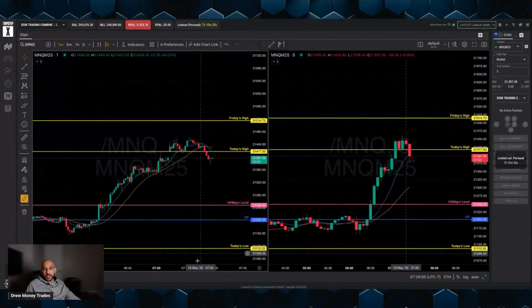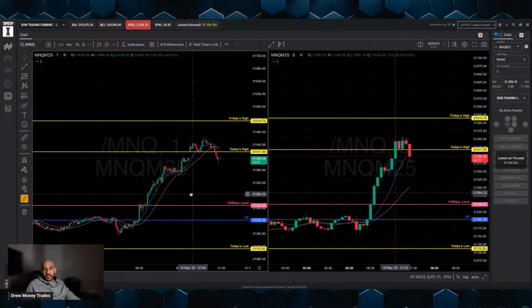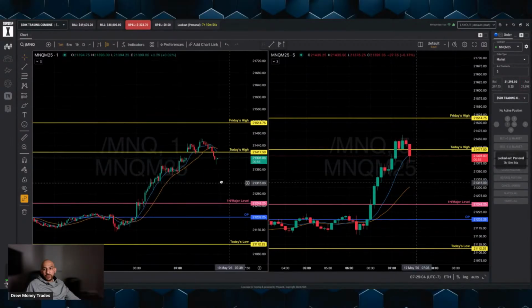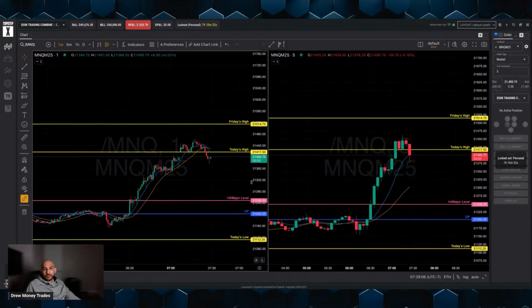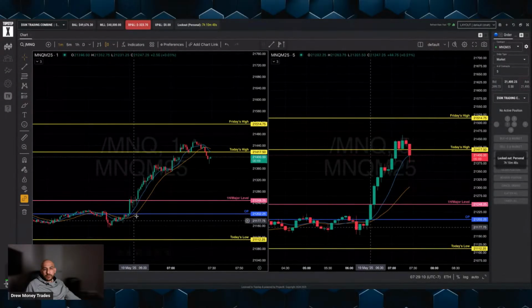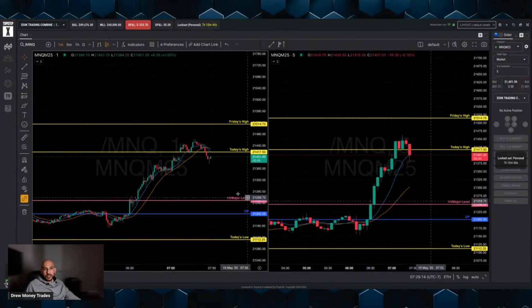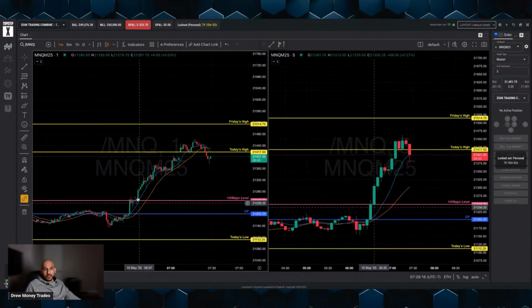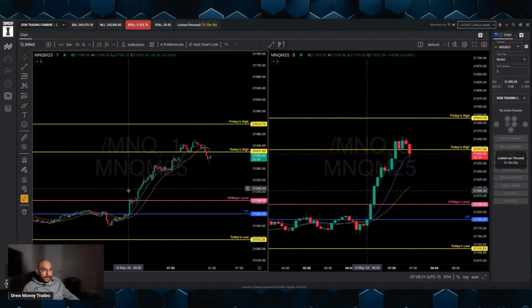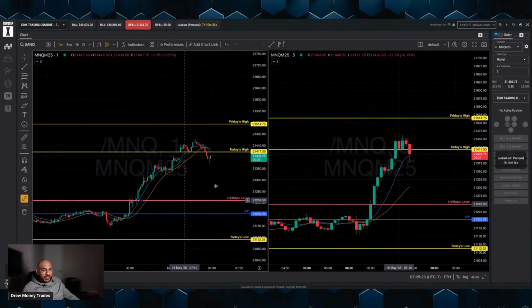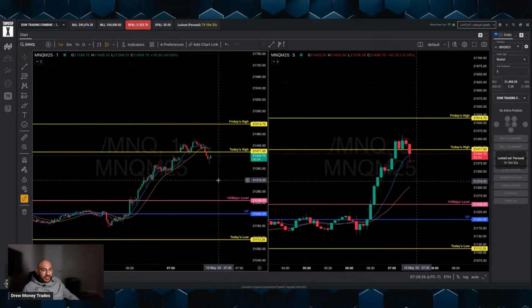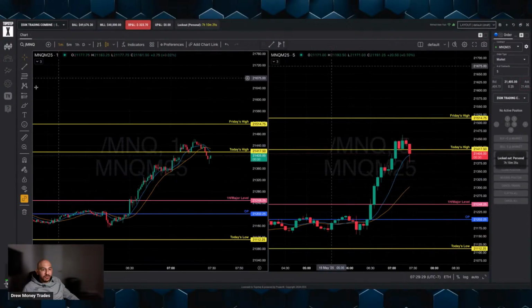So the breakout just really hasn't worked for me, but it's okay. This would have been a major level. I should have been really aware I'm trying to take a trade from here. That's what I should have been looking at. Either case, it is what it is.